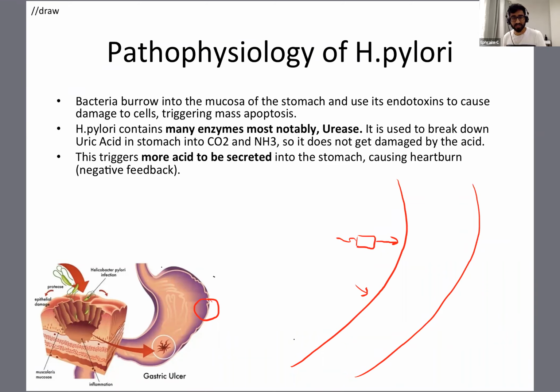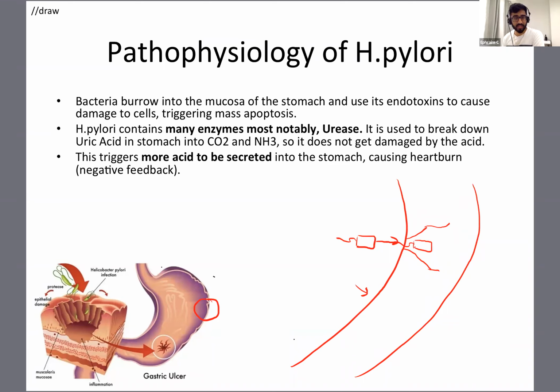It does this by burrowing a hole through your stomach, and the exact mechanism it uses is what we talked about, endotoxins. Remember, endotoxins are the outer cell wall structure that's actually harmful to human cells. Just by attachment, it can start to cause apoptosis of your stomach cells, and it creates a hole for itself to get in. So that's the first thing H. pylori is going to do.